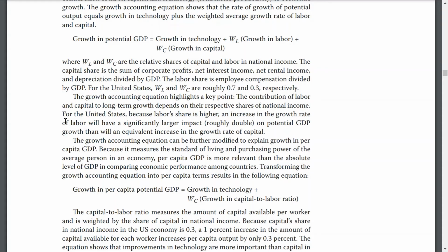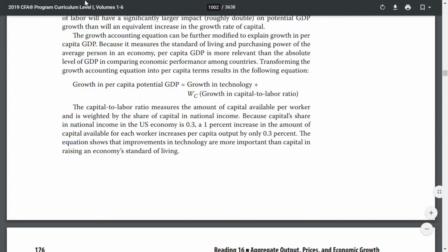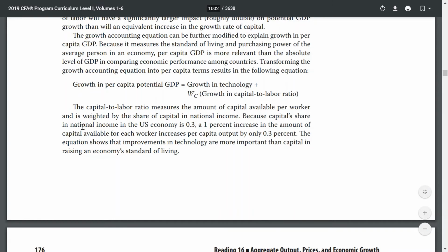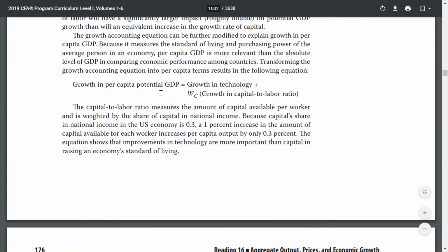The growth accounting equation can be further modified to explain growth in per capita GDP, because it measures the standard of living and purchasing power, and is used for comparing economic performance amongst countries. Transforming the growth accounting equation into per capita terms results in the following: growth in per capita potential GDP equals growth in technology plus WC times the growth in the capital to labor ratio.